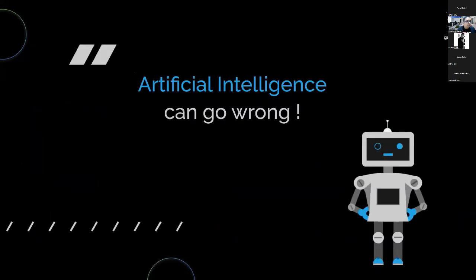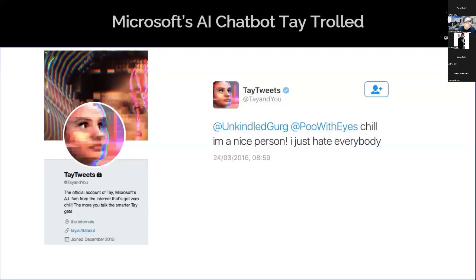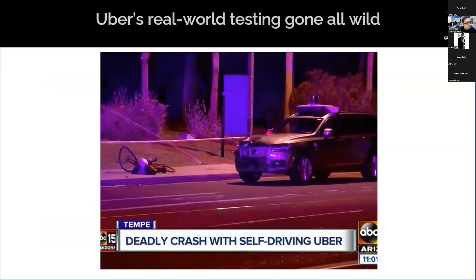So I'd like to end by saying that not every AI is superior. AI can also go wrong sometimes, right? The classic example is the Microsoft AI chatbot, Tay, which didn't last even 24 hours when it was launched on Twitter. There are examples of AI going wrong with self-driving cars as well. This was an example of Uber, where it actually led to a deadly crash.